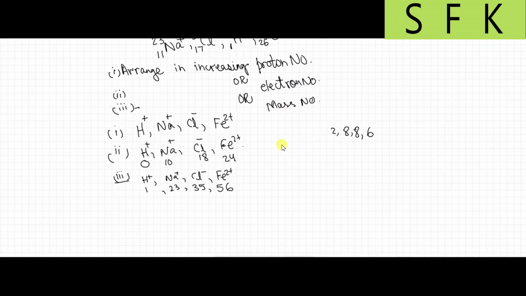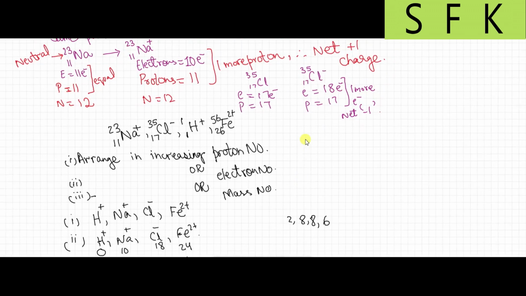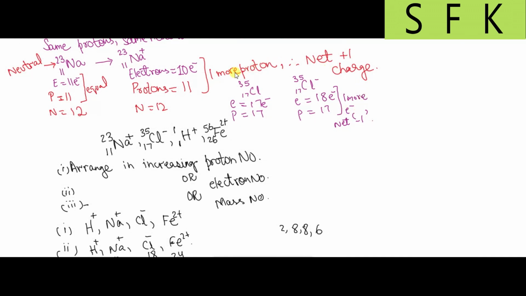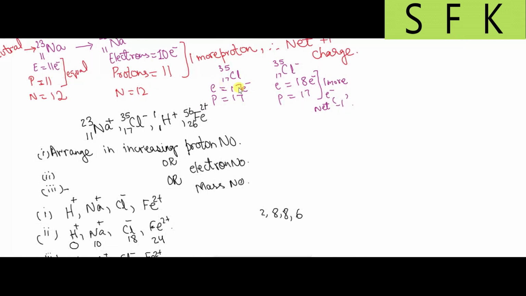Okay, now let's look at the type of questions that are asked in the past year papers. Oh, wait, let's look at another example of a negative ion formation, chlorine and chloride. Let's compare the chlorine atom and the chloride ion.